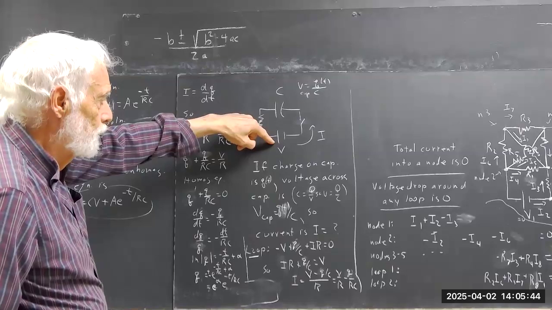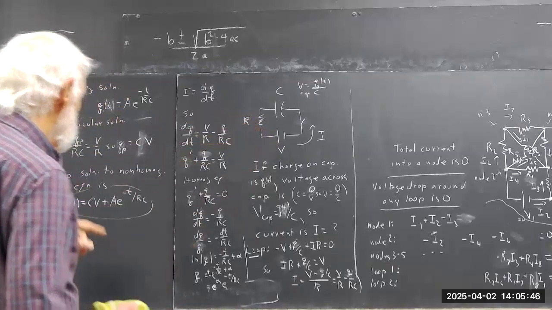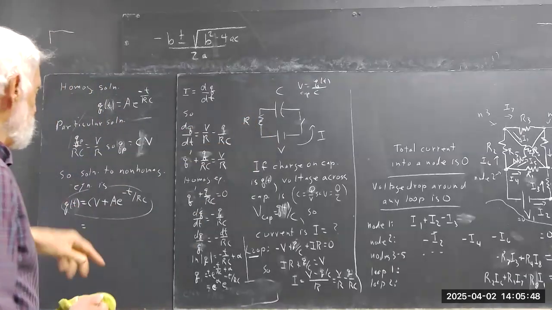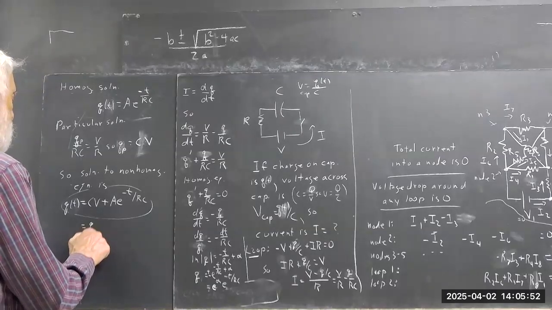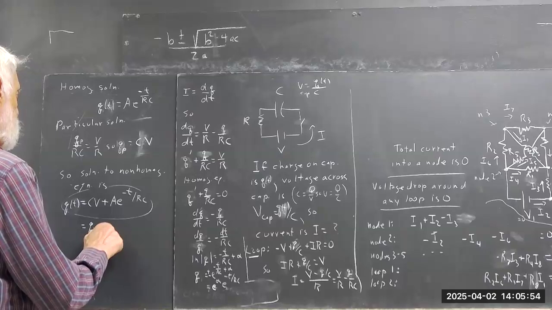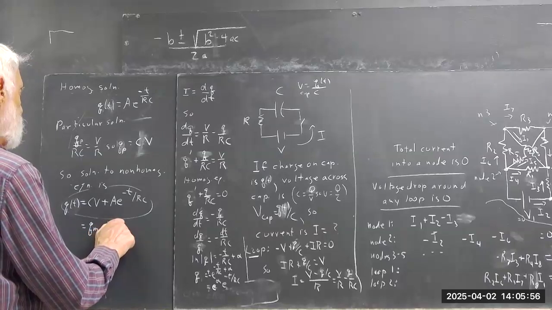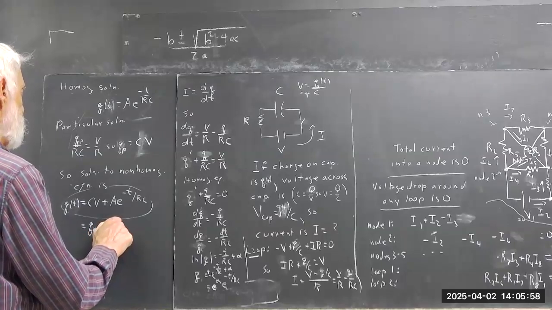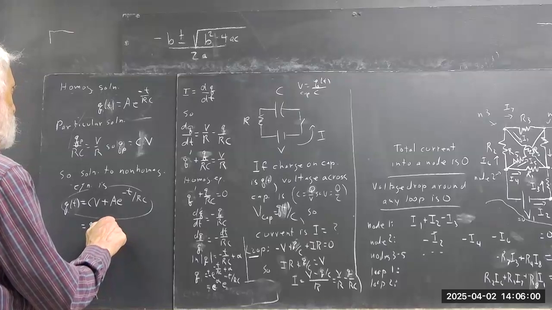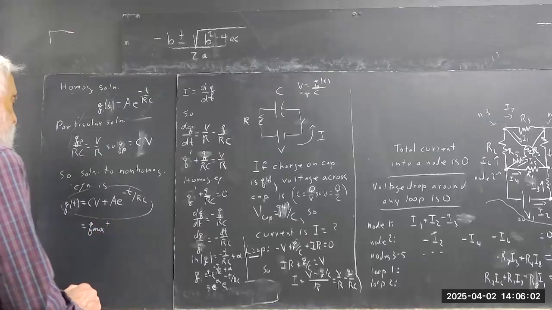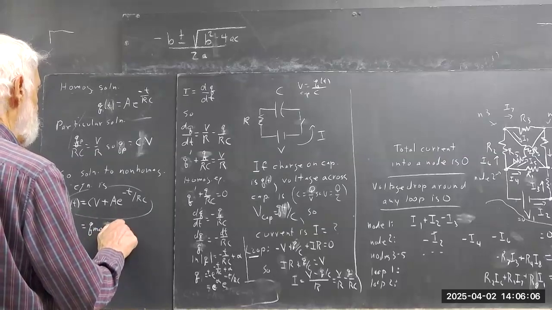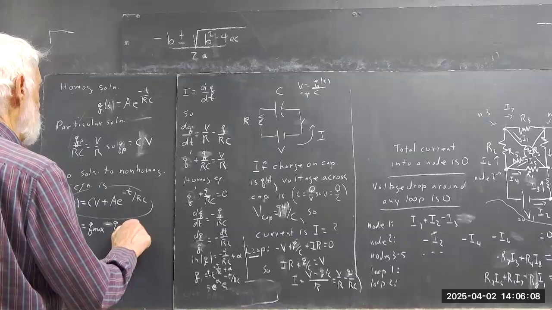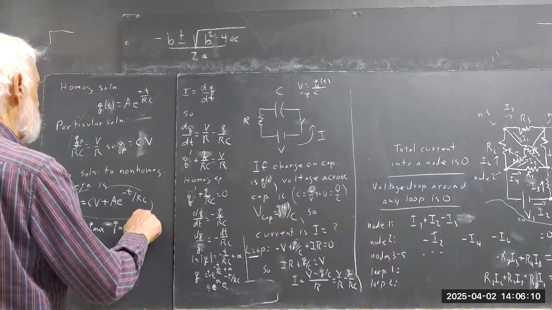Okay, so if V is the total voltage of the source, which is the case here, CV is then what I'm going to call Q max. And for A, I'm going to use minus Q max without too much explanation.